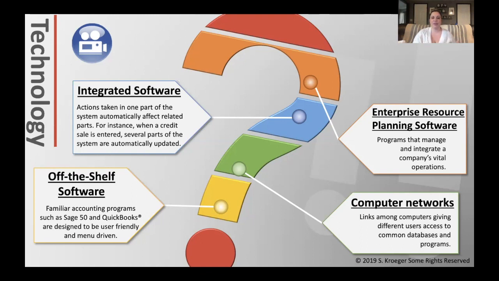It's a massive computer network, a massive integrated software. A lot of times, installing these ERP systems takes a couple of years. Also, it can cost millions of dollars for companies, so these are very expensive. If you open your own little business, this is something you probably would not be getting anytime soon.